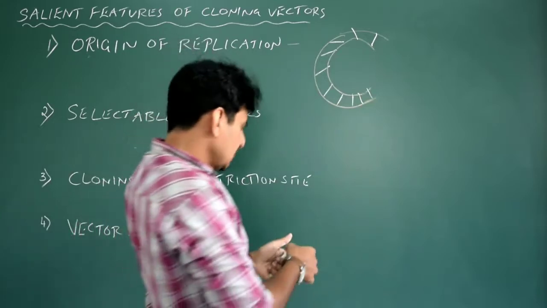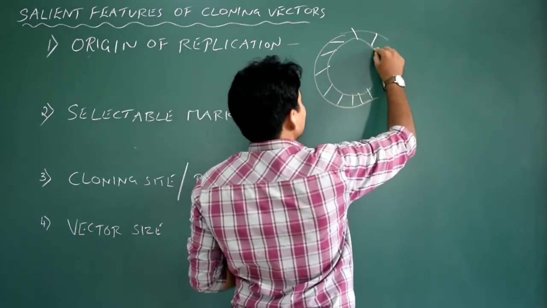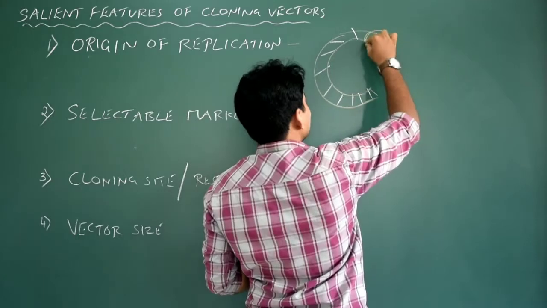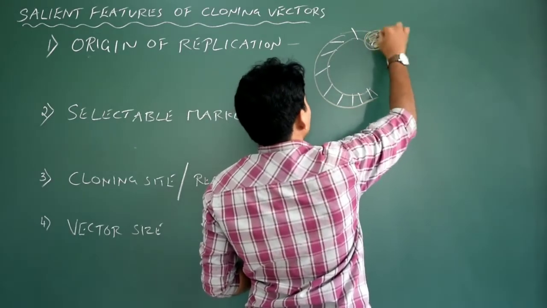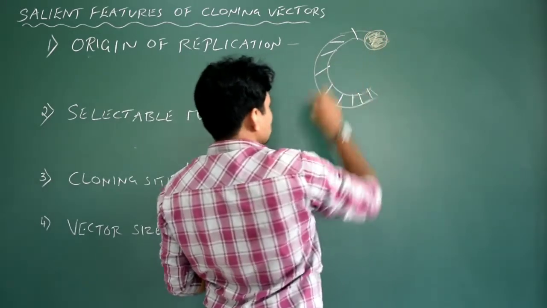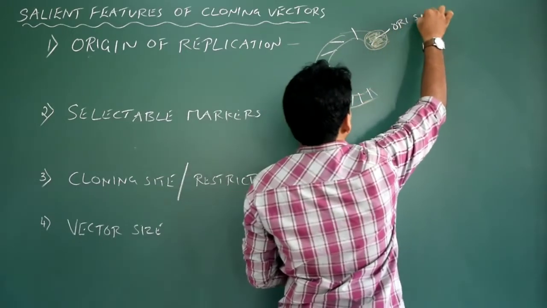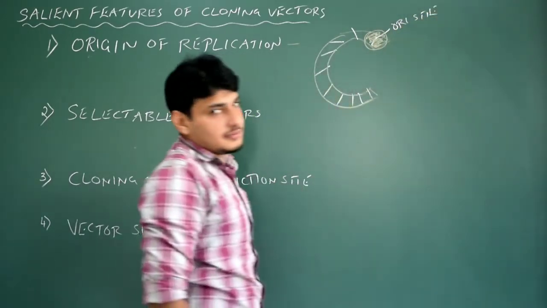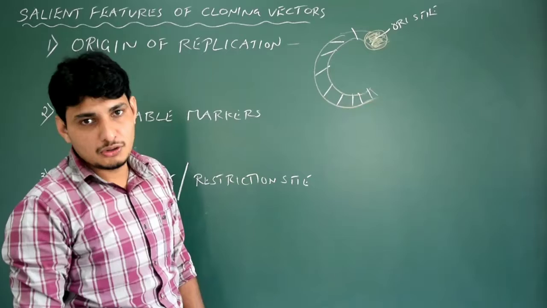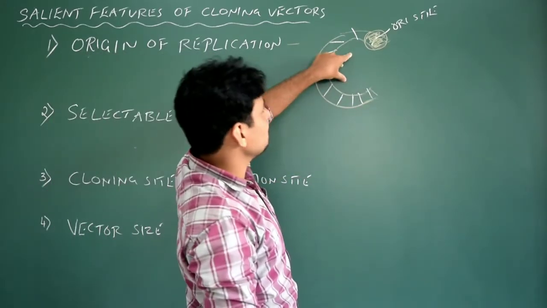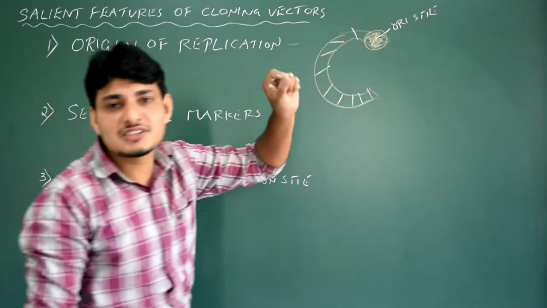Here, after the removal of a fragment from this cloning vector, let us assume that exactly here it has the origin of replication site. That means we have to be very careful when we treat a specific cloning vector with a restriction enzyme.